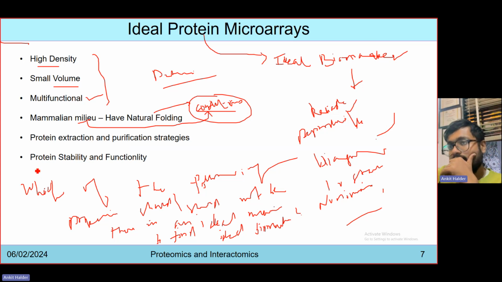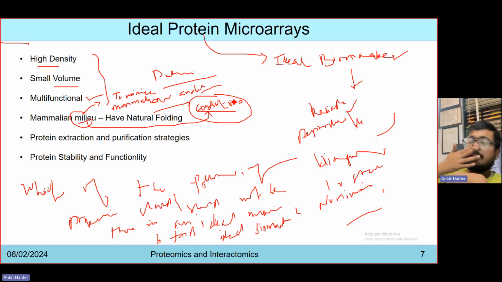So a mammalian milieu means a condition to mimic the mammalian condition, where the proteins get naturally folded and can be identified and measured in a very correct, measurable way. So that's an important point.